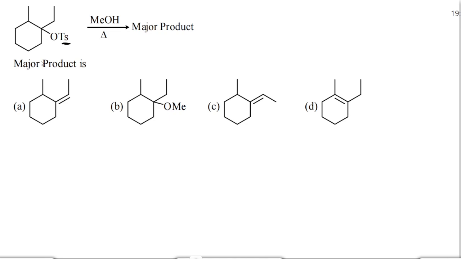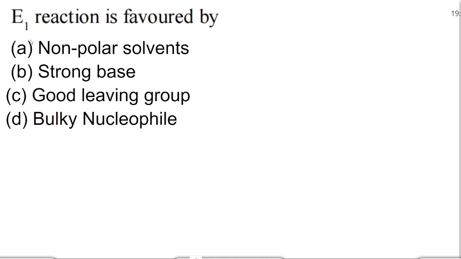Option D, sir. Very good. It is D because first OTS leaves to form the carbocation, and hydrogen is removed from the neighboring carbon. E1 reaction is favored by a good leaving group, and by polar solvents; it is not possible to get this reaction in a non-polar solvent.